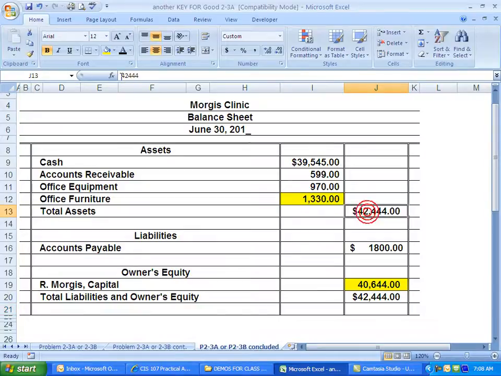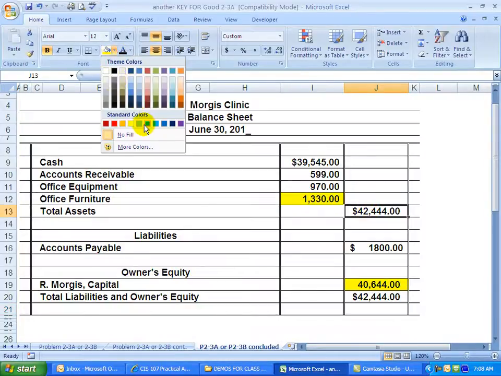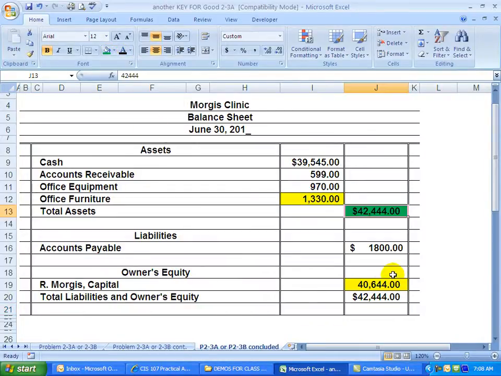Now this number here, the total assets, is the same as the liabilities and owner's equity. So is this your fundamental accounting equation? The assets equal the sum of the liability and owner's equity. So this figure here has to equal this figure here. And the green indicates you want to have a double underline under each of the green. And that ends this one.